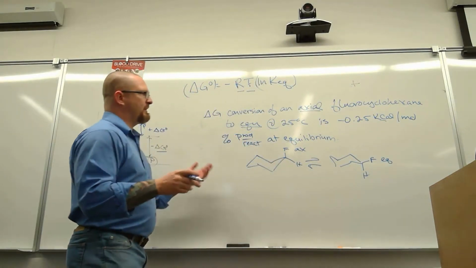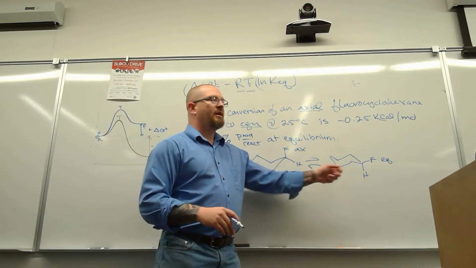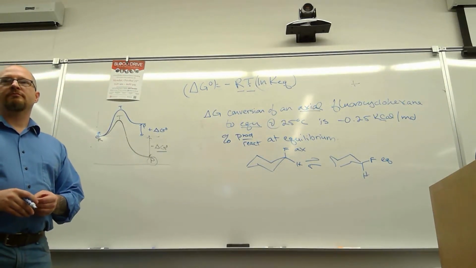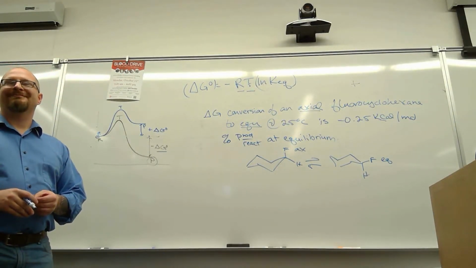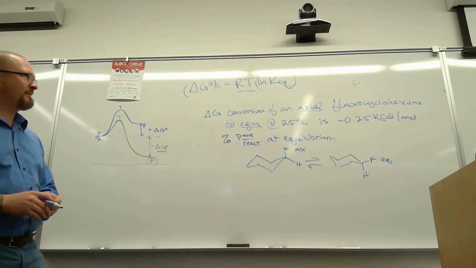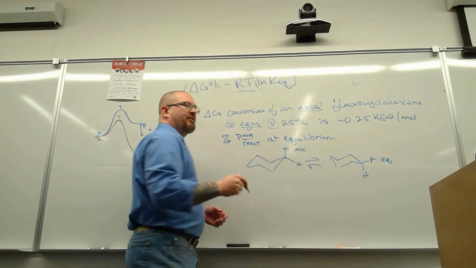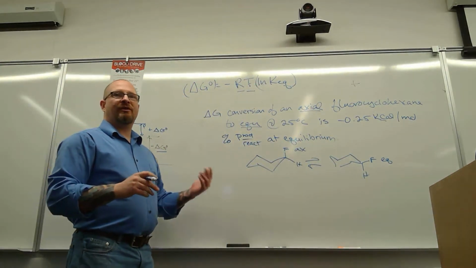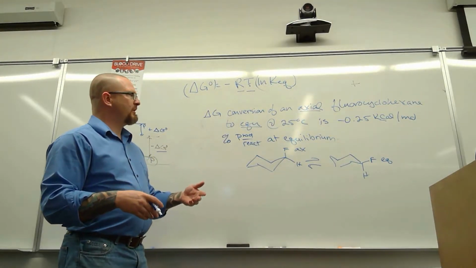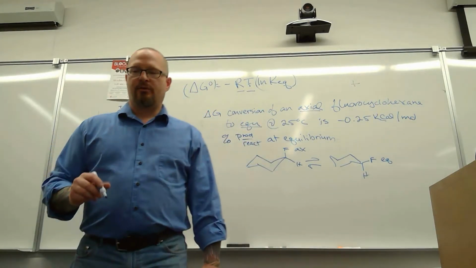And so the question is, at equilibrium, what ratio is in this form versus this form? Now, which form should be preferred? Equatorial. So this should be preferred, but only slightly because fluorines are actually quite small. So the degree of 1,3-diaxial interaction is pretty limited.